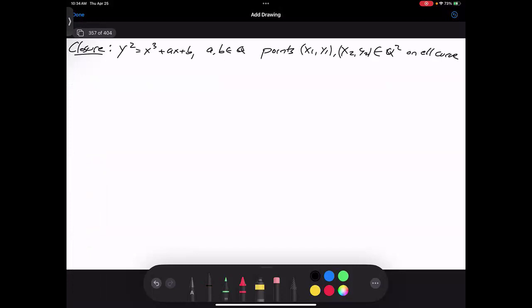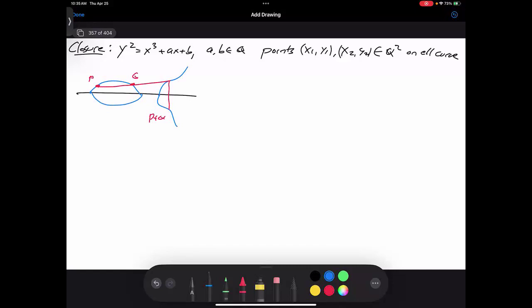So if we think about what's going on, I'll draw the elliptic curve, like this with 3 zeros, something like this. So here's maybe my P, here's my Q, and then down here is going to be what I'll call my P plus Q. So I have some kind of line.